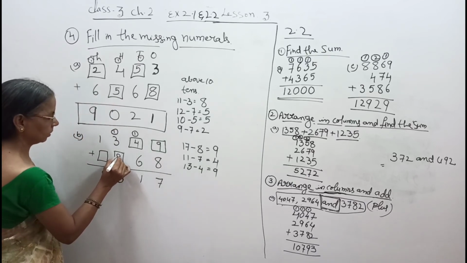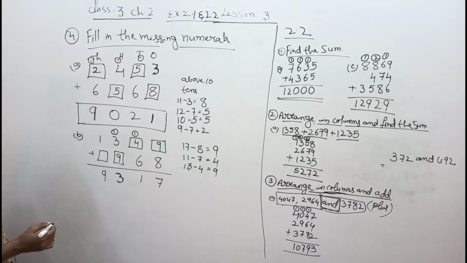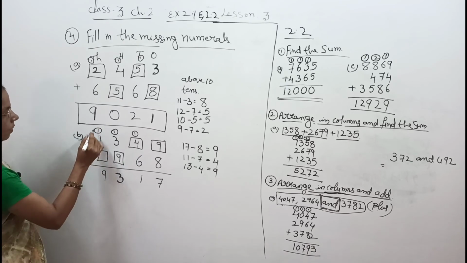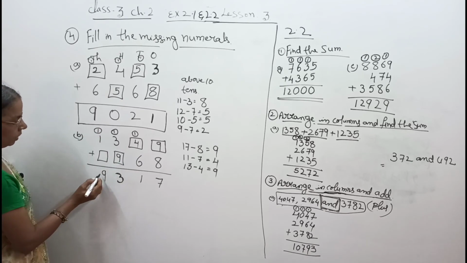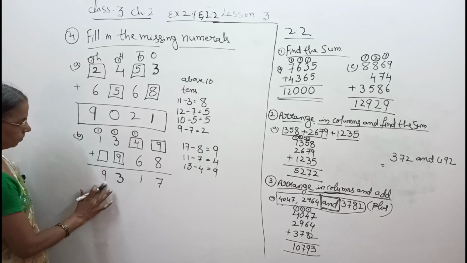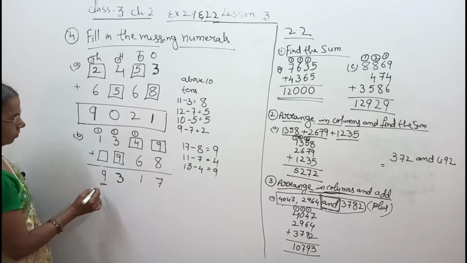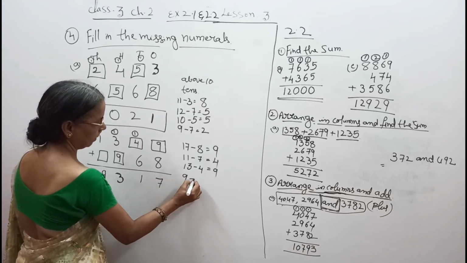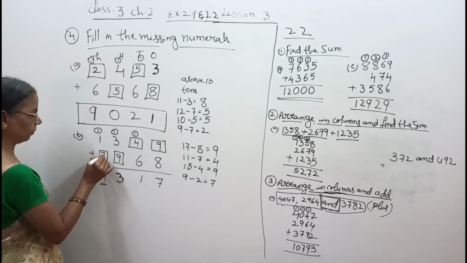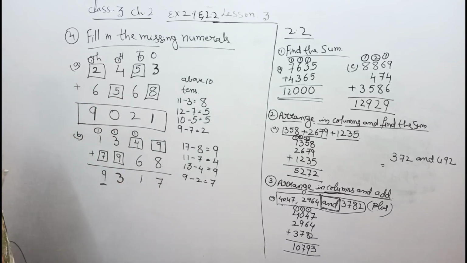It is 9. Now again we get 1 carry. Now 1 plus 1 is 2. Here it is given 9. So 9 minus 2, we get 7. We have to write it as 7.